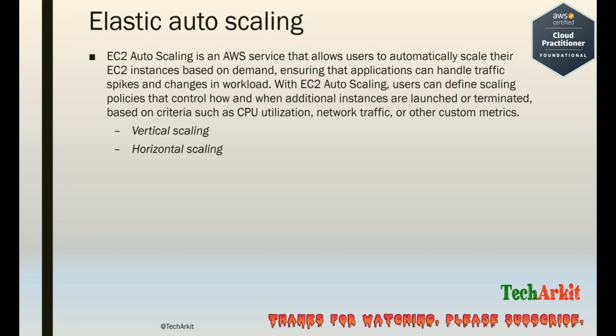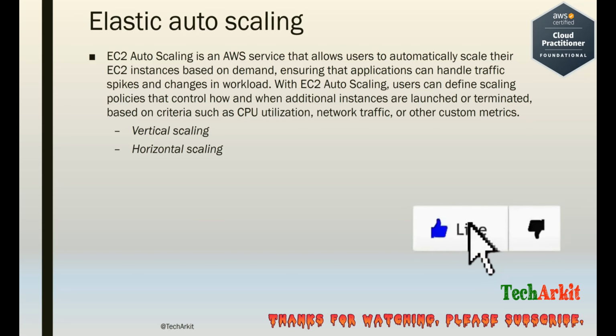So this scaling can be done as vertical scaling, where you add more resources to the existing instance, like more CPU cores, more memory, or higher network bandwidth. So you have one instance, you're adding more resources to the same instance, that is called vertical scaling.